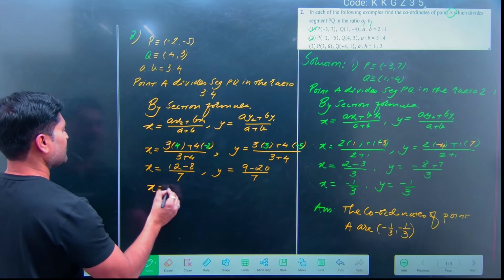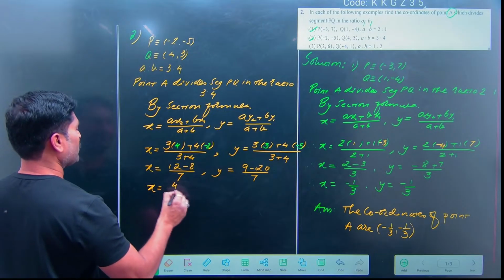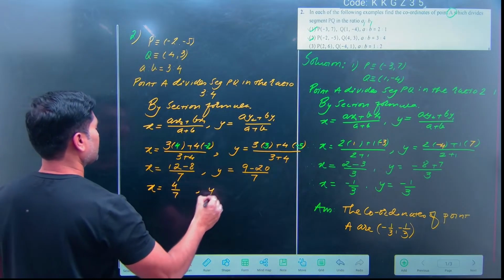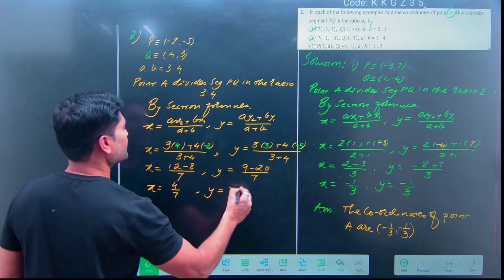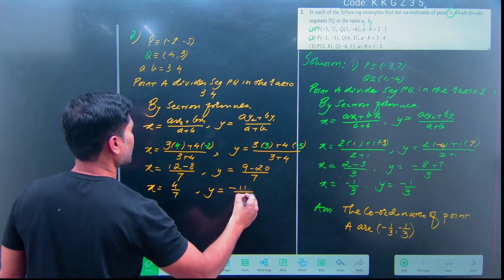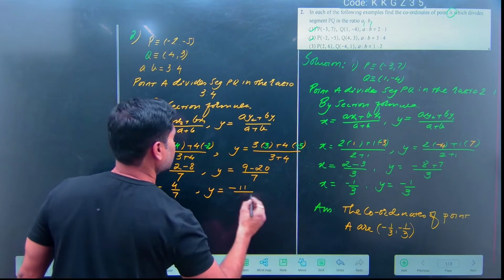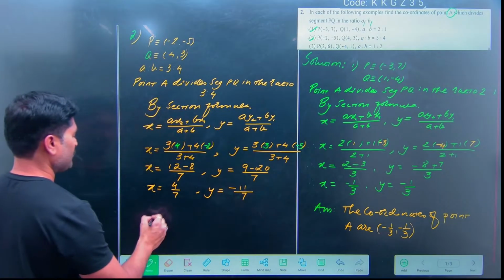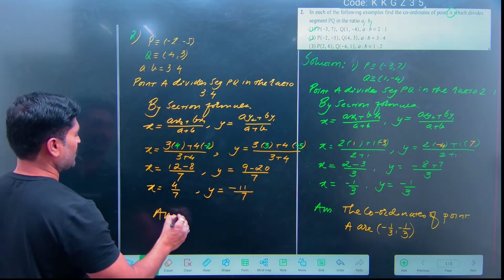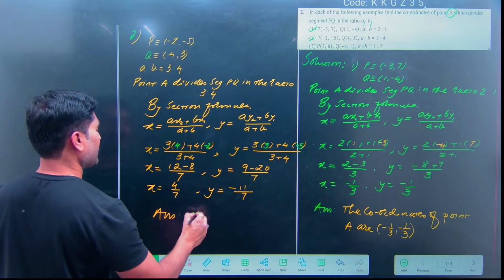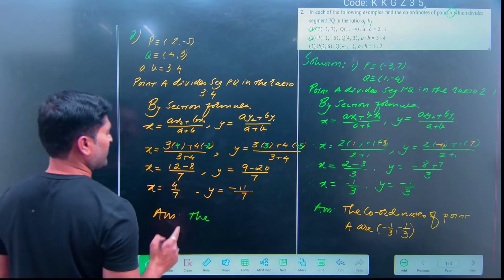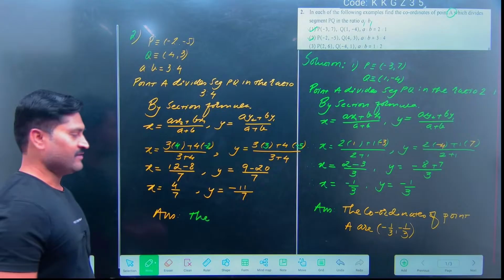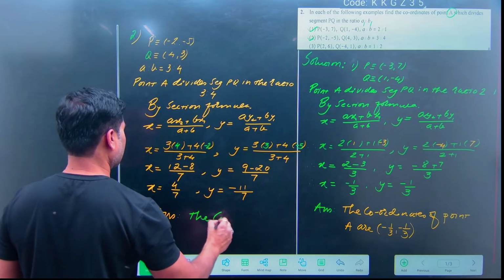So x is equal to 12 minus 8 is 4 upon 7, and the value of the y coordinate: after subtraction, you have to give the sign of the greater number, and then again, as usual, the answer: the coordinates of point A are (4/7, -11/7). You have to write it like this.